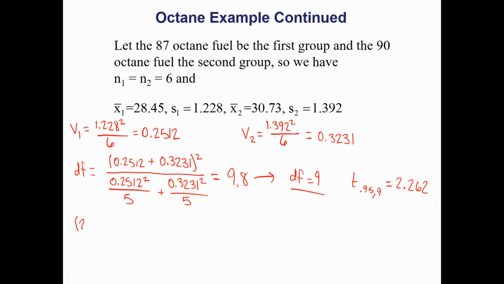So 28.45 minus 30.73 plus or minus 2.262 times the square root of 1.228 squared over 6 plus 1.392 squared over 6.